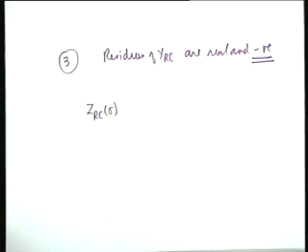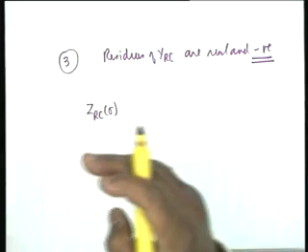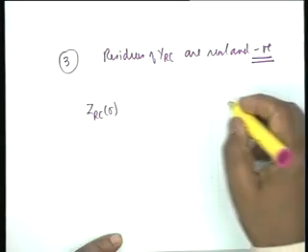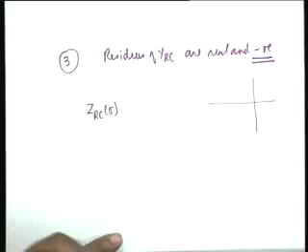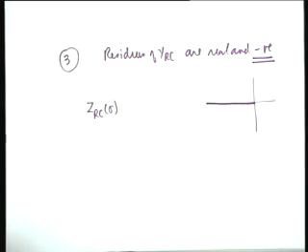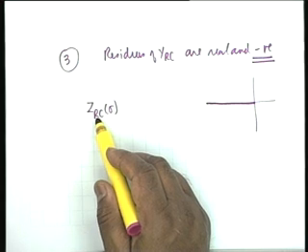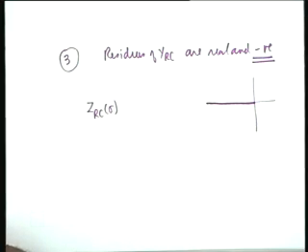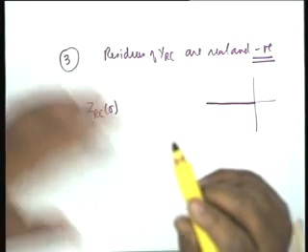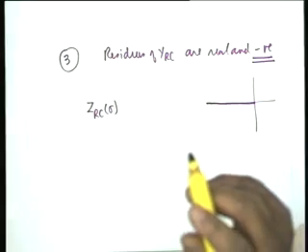Since poles and zeros of RC impedances as well as admittances lie only on the negative real axis, it makes sense to talk of RC impedance or admittance on the negative real axis. You see, in the previous case, in the LC case, our poles and zeros were on the j omega axis.